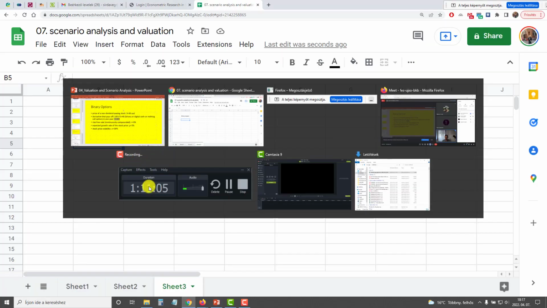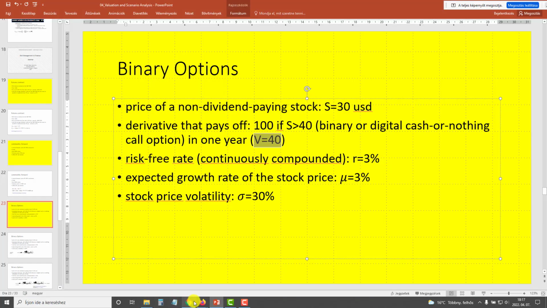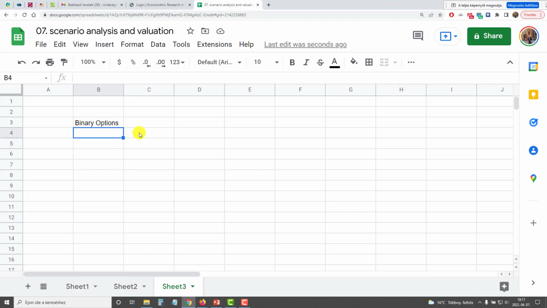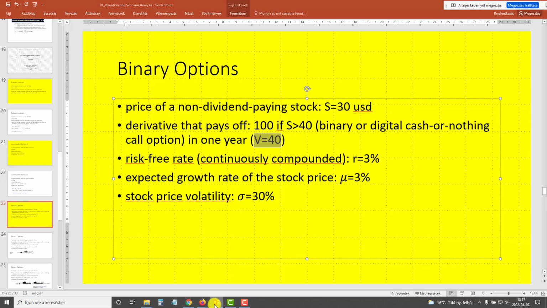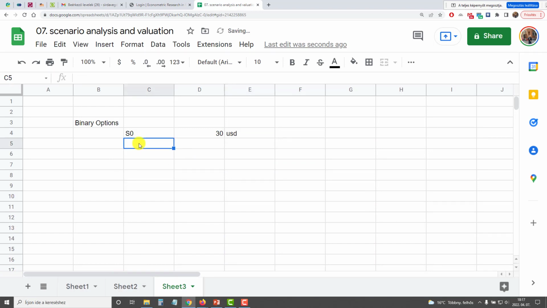So S0 is 30 US dollars, payoff 100, still in US dollars.